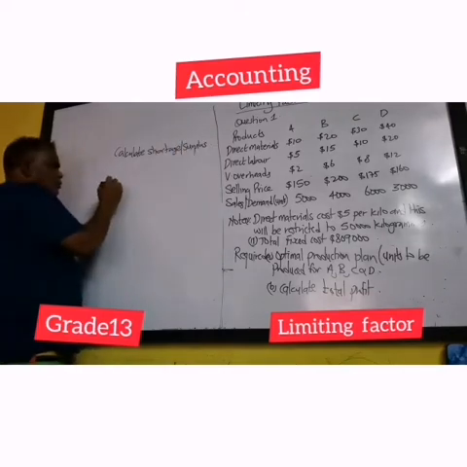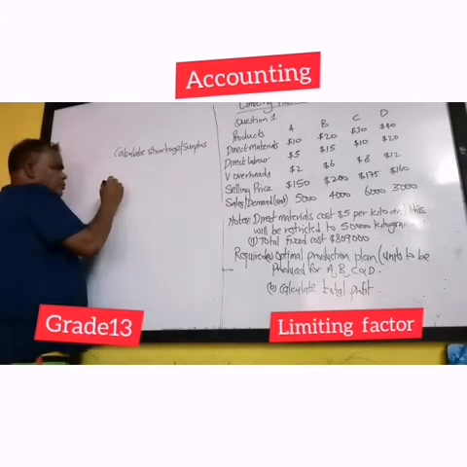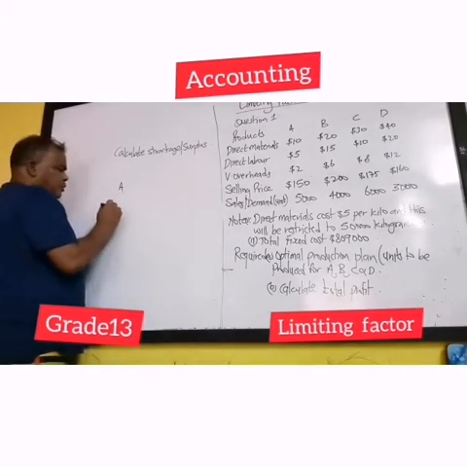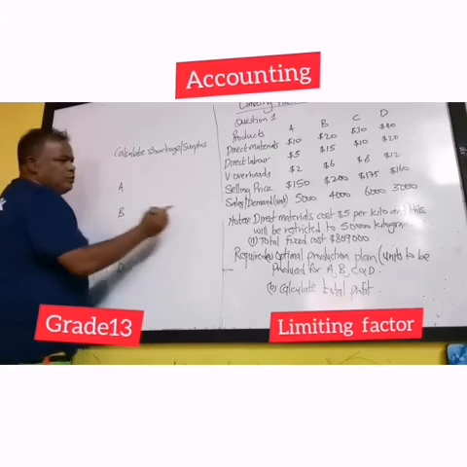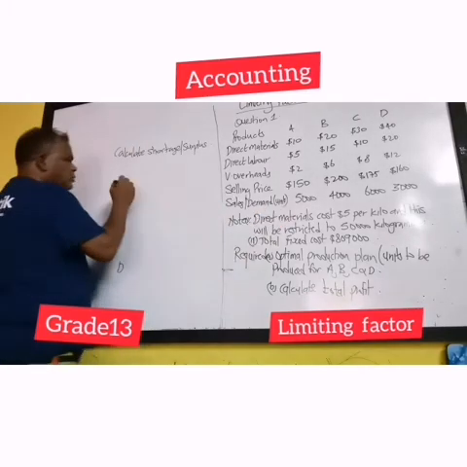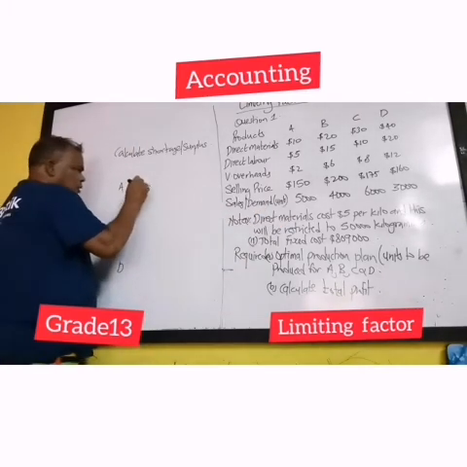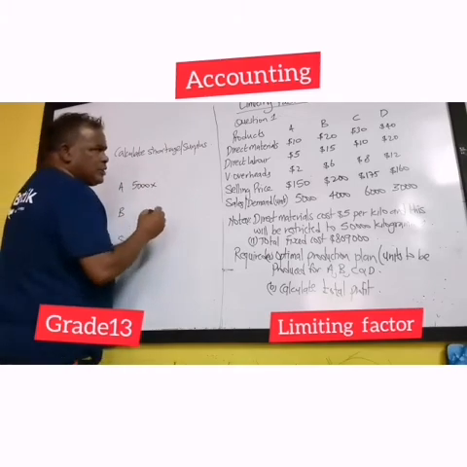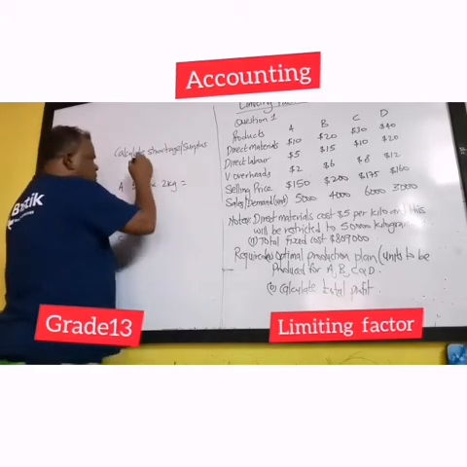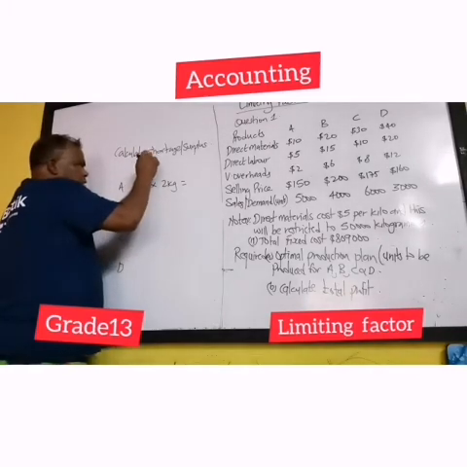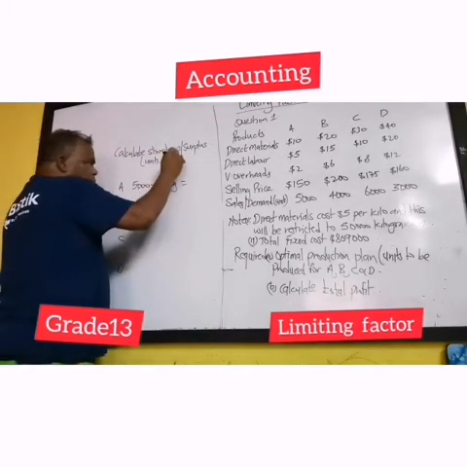So we have product A, product B, product C, product D. So how many units are we producing for product A? 5,000 units. And what is the limiting factor? 2 kilograms. So for this one we need the formula: units times limiting factor.